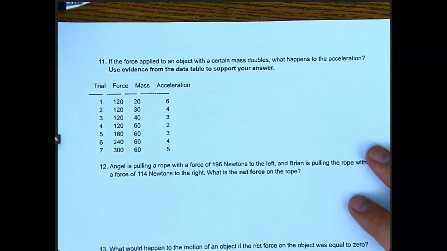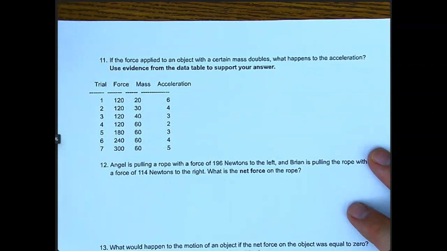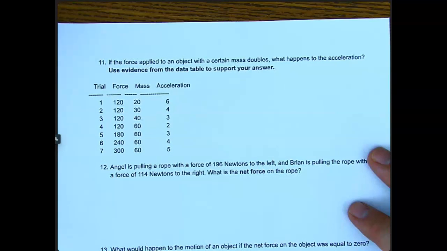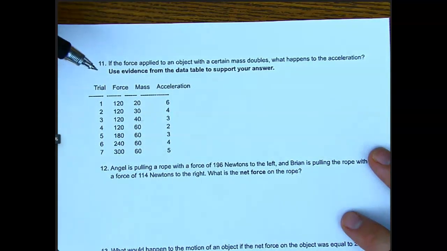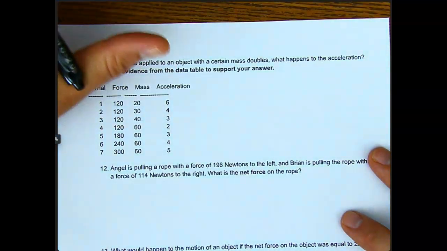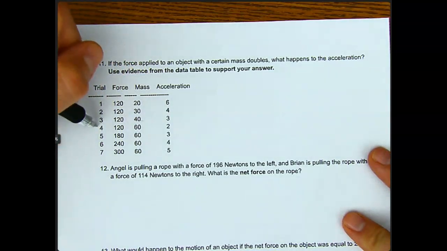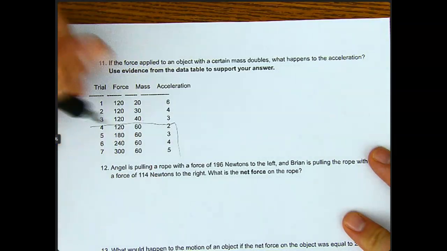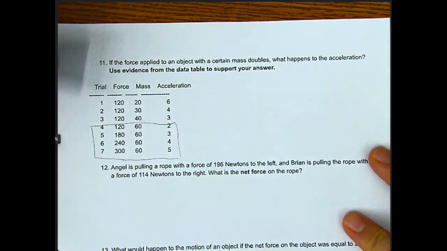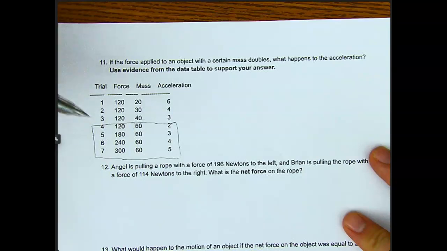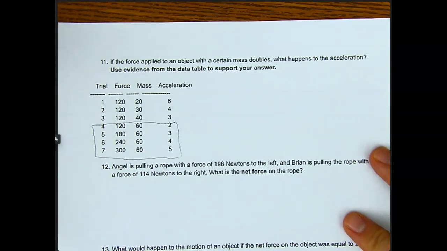So basically, if the force doubles, what happens to acceleration? When you're looking at this table, you want to find a situation where the mass is constant. So you want to focus on the bottom part of the graph where mass is constant. I have 60, 60, 60, 60. Now I want to look at two trials where the force doubles.